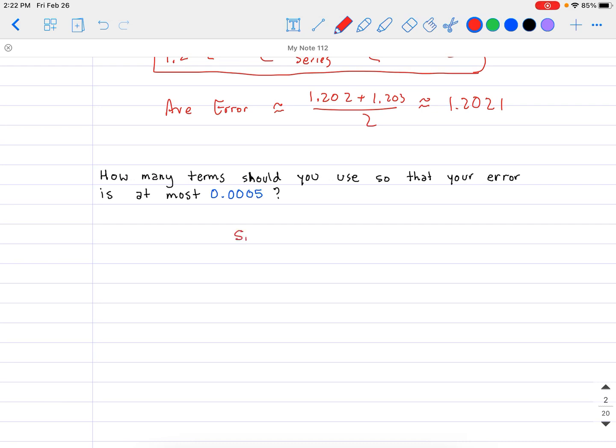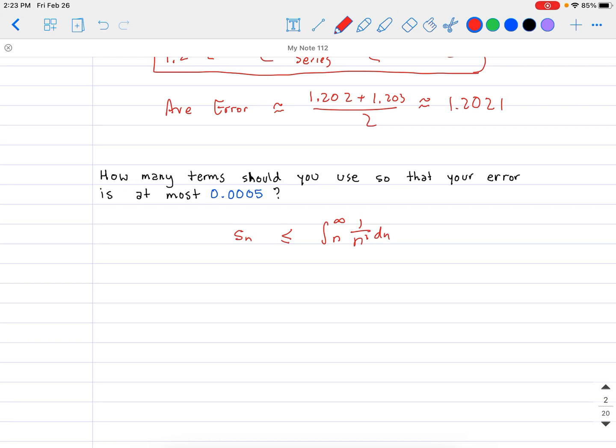So that means that S of n, the summation of a certain number of terms, is going to be less than or equal to, sorry, let me go ahead and rewrite this over here. So S of n is going to be less than the integral from n all the way to infinity of 1 over n cubed dn.